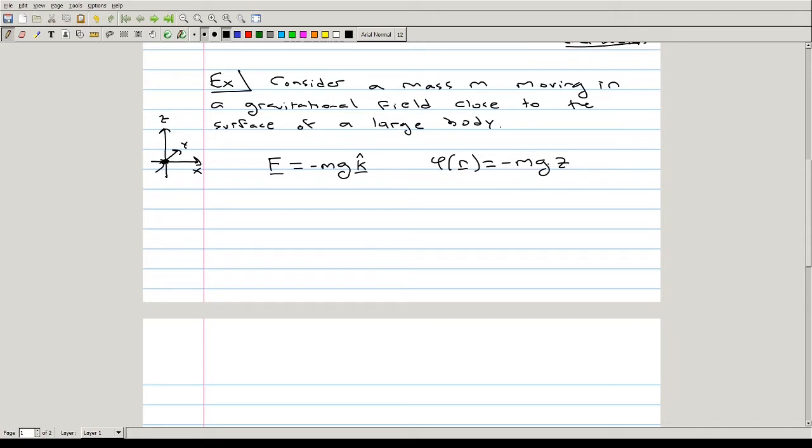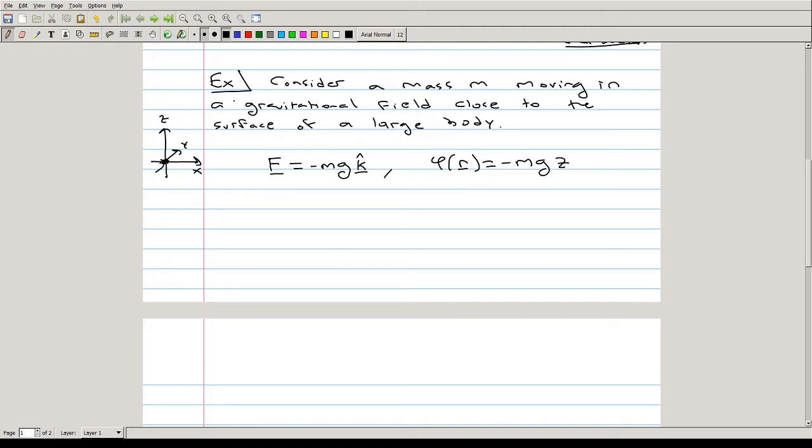And if you take the gradient of this function, it will exactly equal negative mg k hat, or negative mg in the z direction. We'll see that this is a very fundamental aspect of this example. But let's consider the work done by this force field along two separate trajectories.